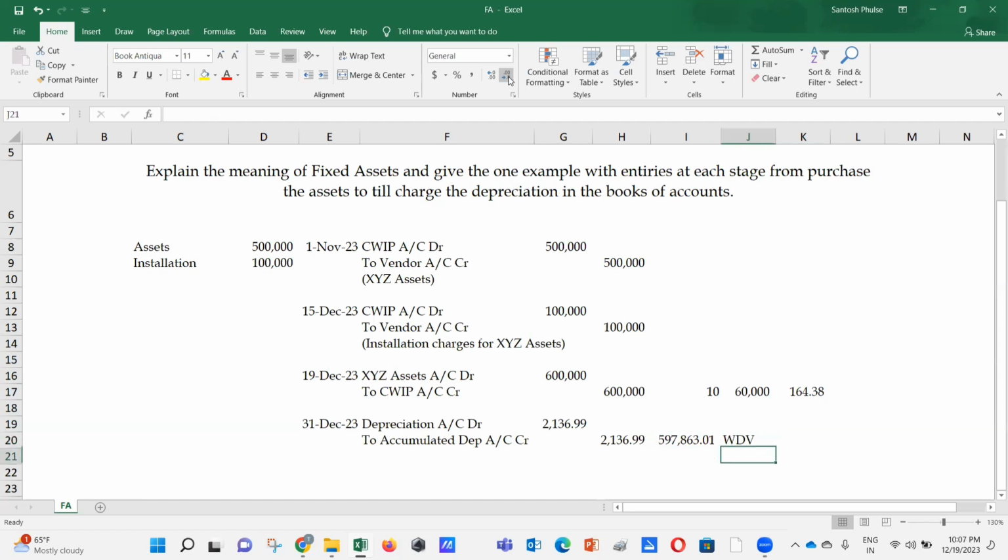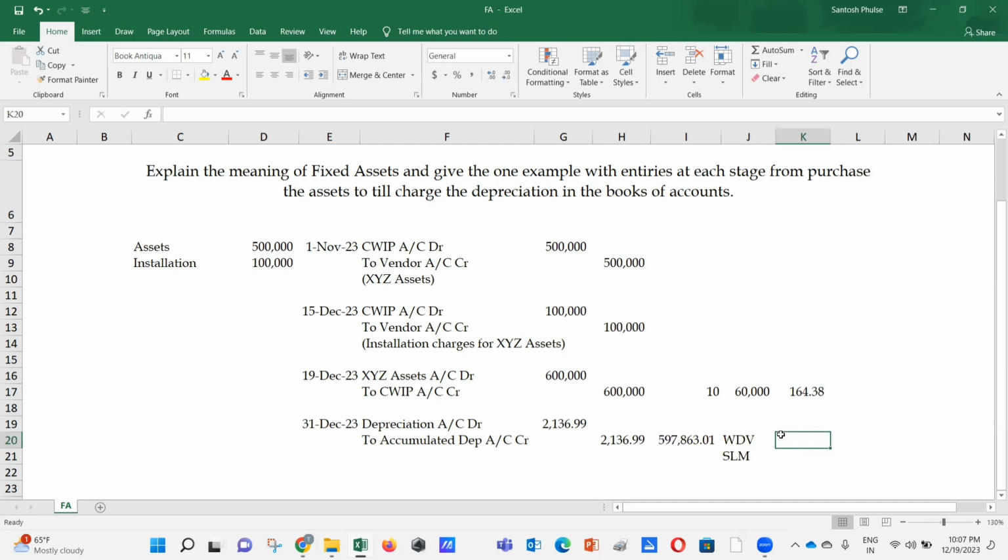Mostly we are following straight line. Yes, it depends, because whether the SLM method or the WDV method is applicable depends on the industry.